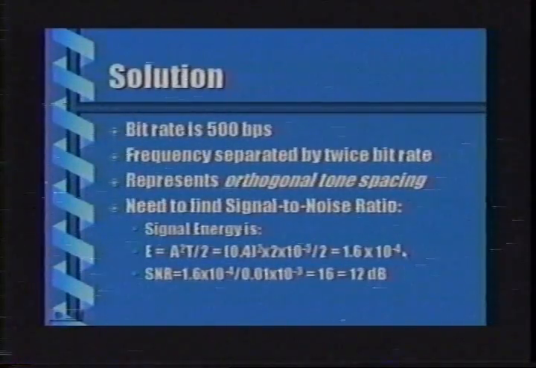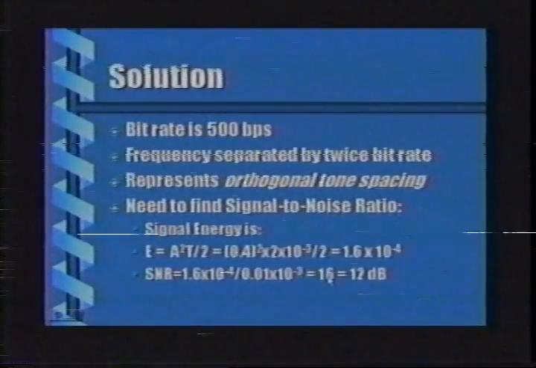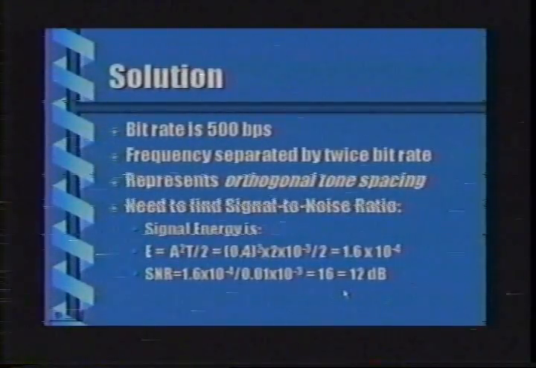The signal-to-noise ratio is simply this quantity divided by the noise power per hertz, or 16. 16 translates to about 12 dB.